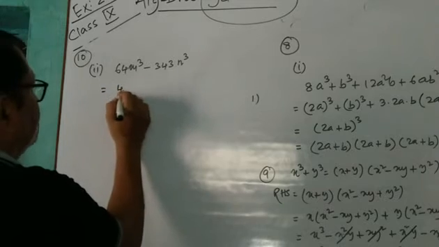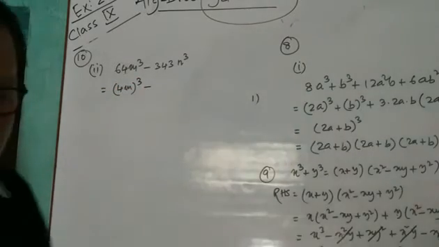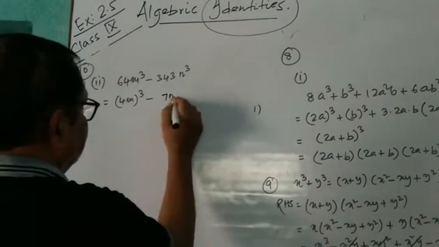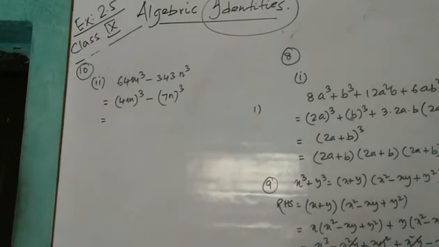We can write it as 4m whole cube and 7n whole cube, because 4 into 4 into 4 will give us 64 and 7 into 7 into 7 will give us 343.